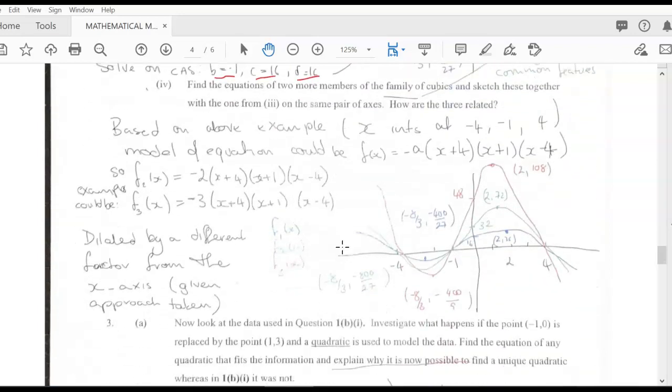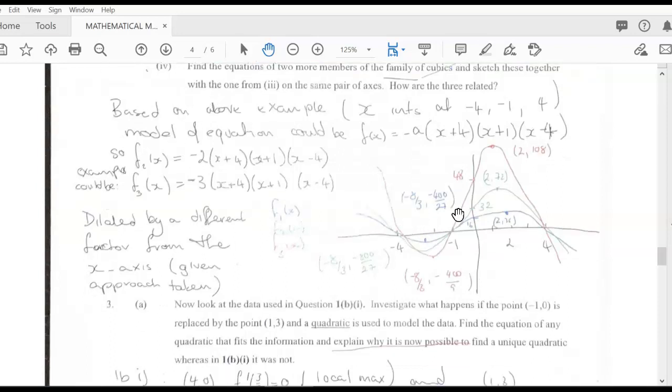All right, part 4. Find the equations of 2 more members of the family of cubics and sketch these together with the one from part 3 on the same pair of axes. How are the 3 related? So we've still got our x-intercepts, so we're going to keep -4, -1, and 4.